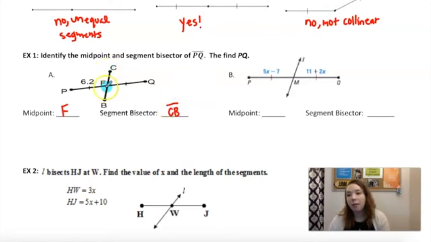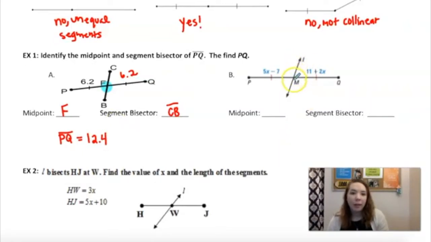You could also name it CF or FB, but I'm going to choose CB. Then it says find PQ. If this section is 6.2, this tick mark tells us this is also 6.2, so PQ as a whole is 12.4 if you add those together. Remember, we have that segment addition postulate from yesterday.